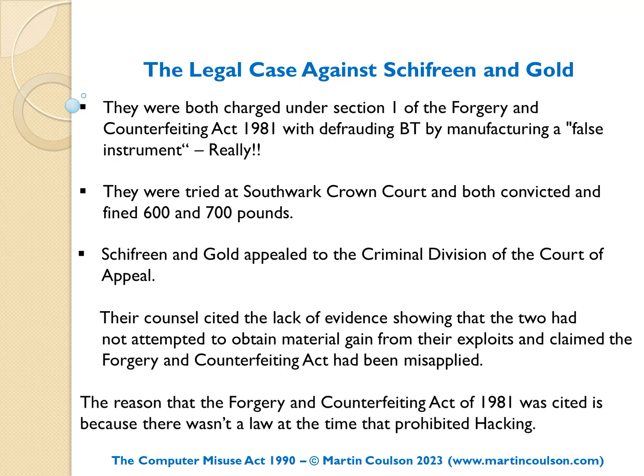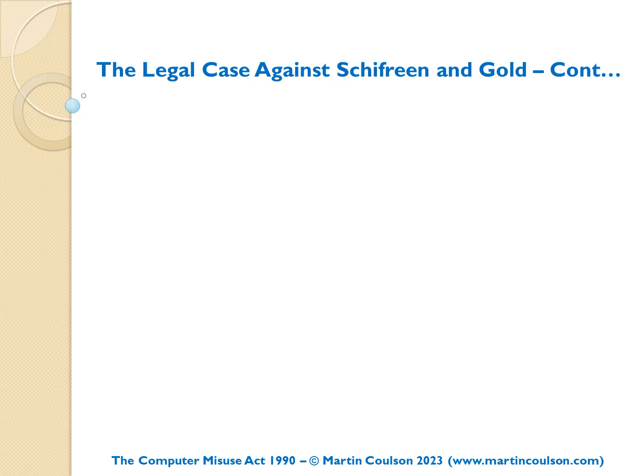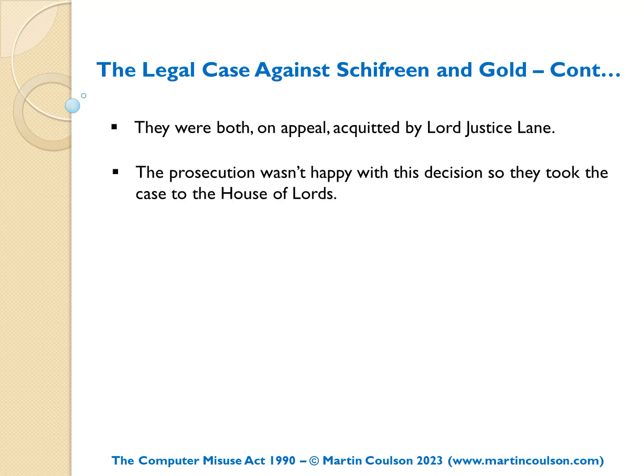The reason that the Forgery and Counterfeiting Act of 1981 was cited is because there wasn't a law at the time that prohibited hacking. So, not surprisingly, on appeal, they were both acquitted by Lord Justice Lane. However, probably because Prince Philip's account was hacked, the prosecution was unhappy with this decision, so they took the case to the House of Lords.